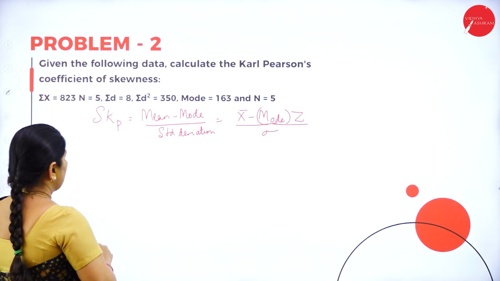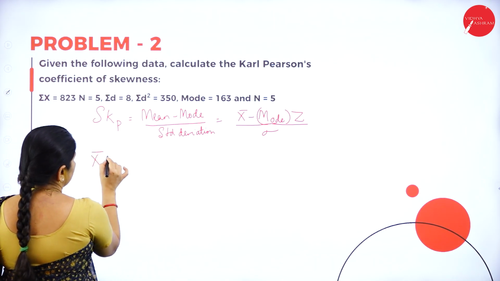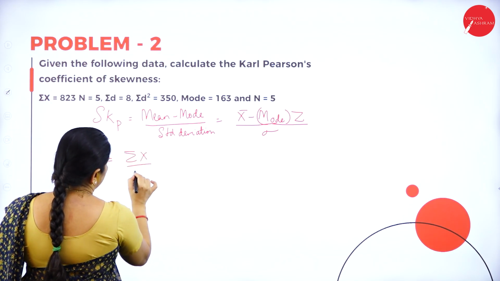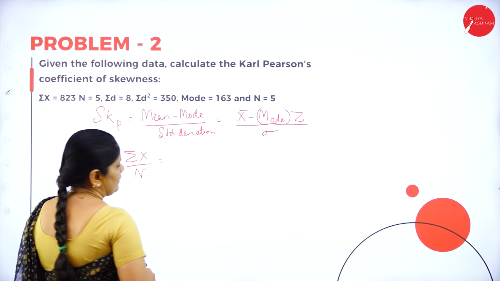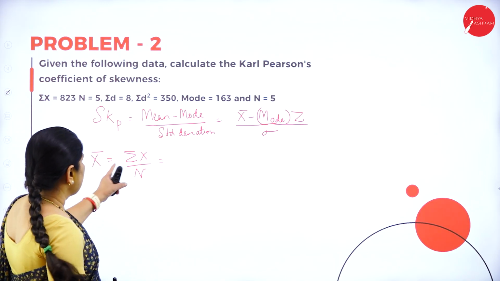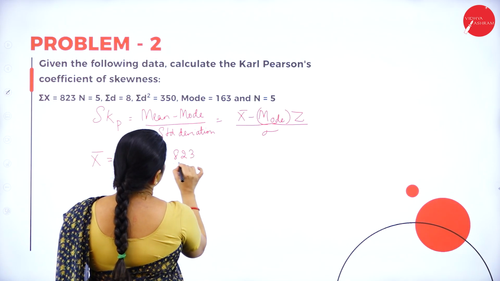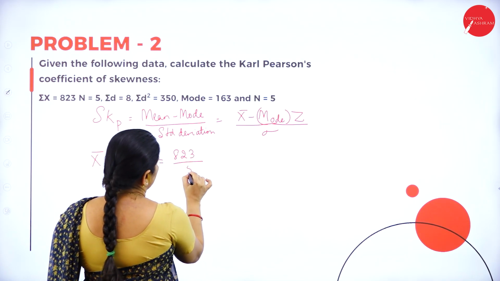Now I have to find the value of mean. They have given me sigma x divided by n. The formula for mean is sigma x divided by n, that is 823 divided by 5.